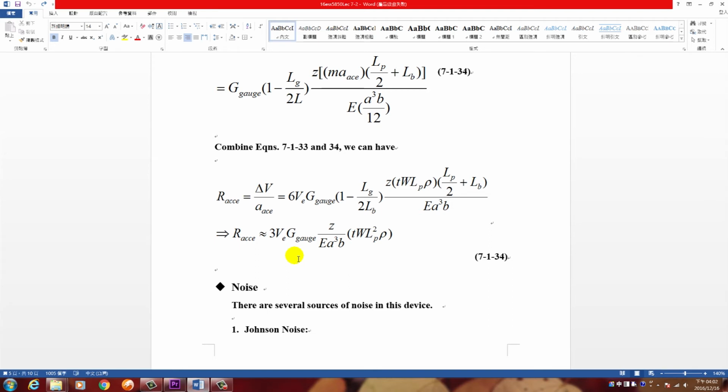Then you can consider the width of the plate and also the thickness of the plate. Thickness of the plate is not that easy. And another one is by controlling the position of your sensor, the value of z. So the sensor needs to be put as far away from the neutral surface as possible. The best position will be the outer surface of the beam here.